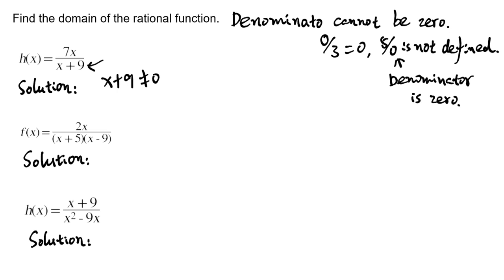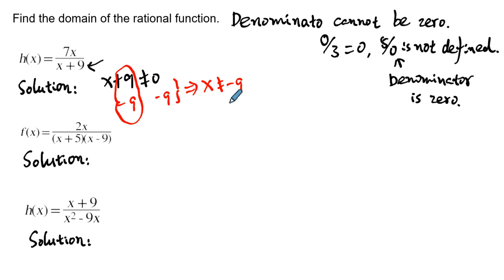If x plus 9 cannot be 0, subtract 9 from both sides, then you should have x cannot be negative 9. You see those two will be cancelled. x cannot be negative 9.